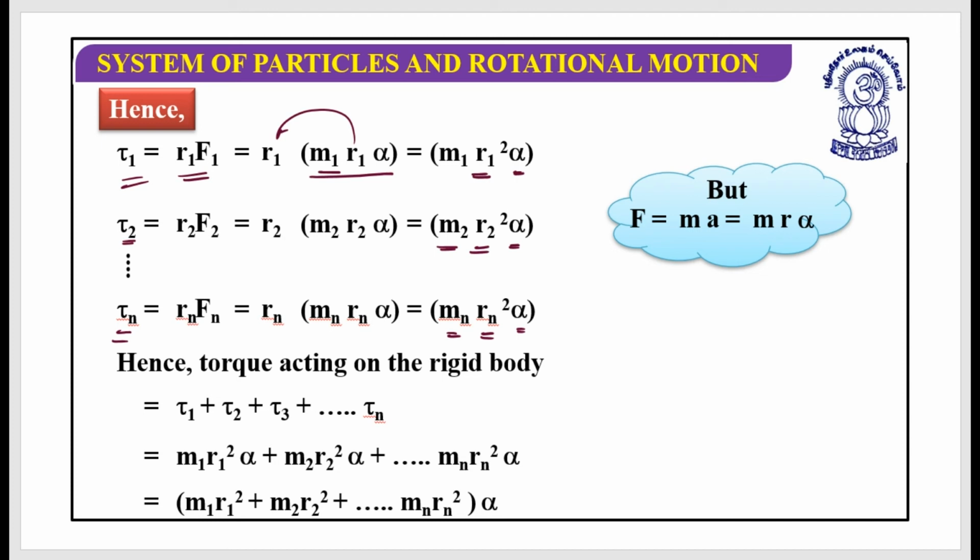So the total torque acting on the rigid body can be written as torque 1 plus torque 2 plus torque 3 up to torque n, and that could be written as m1 r1 square alpha plus m2 r2 square alpha up to mn rn square alpha. If I combine this, alpha would be the constant. This could be written as m1 r1 square plus m2 r2 square plus m3 r3 square up to mn rn square.